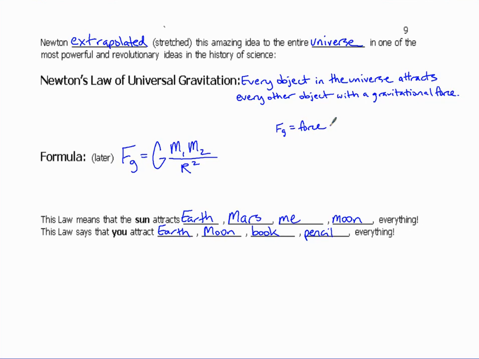So Fg equals the force of gravity. M, of course, means mass. R is distance. And G equals 6.67 times 10 to the negative 11th newtons times meter squared divided by kilogram squared.